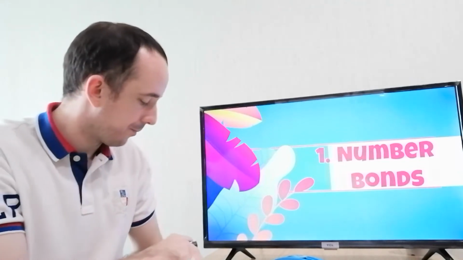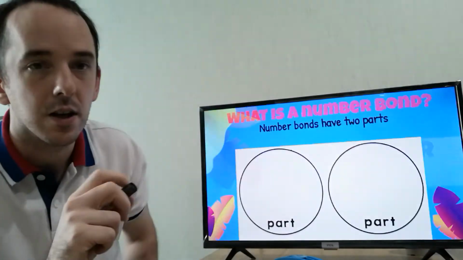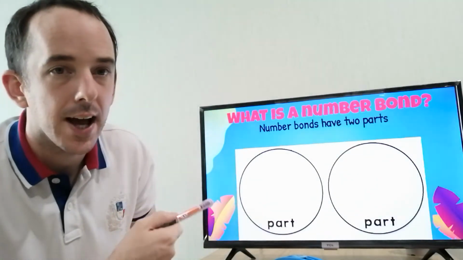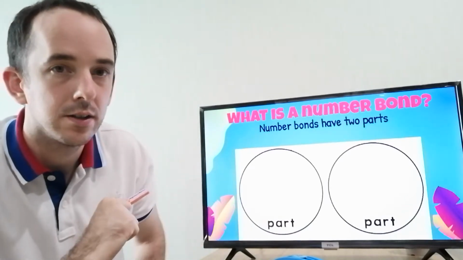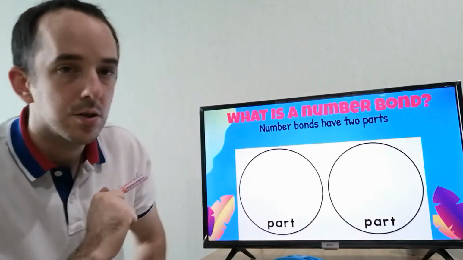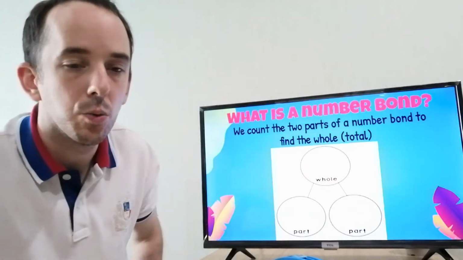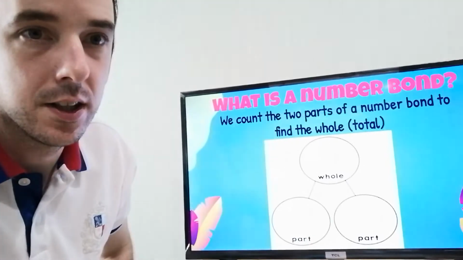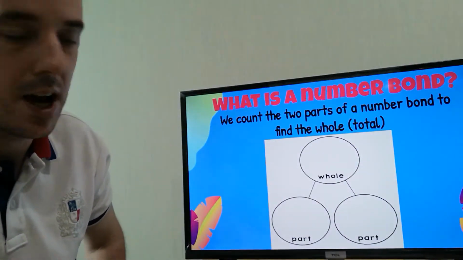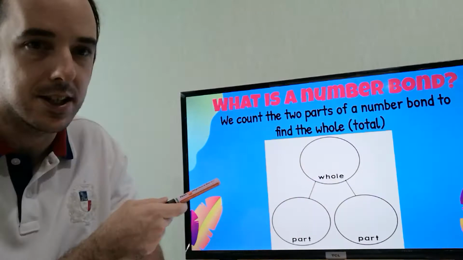Let's look. The first part of a number bond looks like this. Two circles together. The two circles together will go into one other circle. So let's look. I hope you can see. I know the camera is very close, but I want you to see the TV.